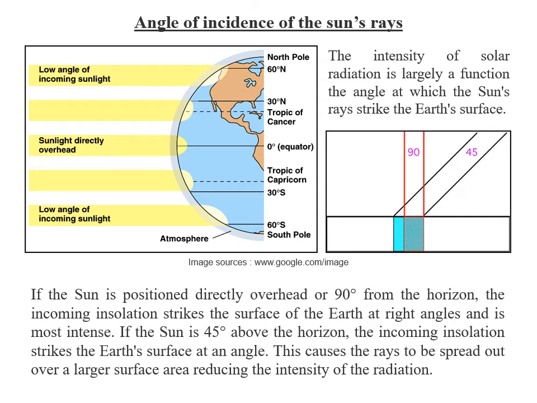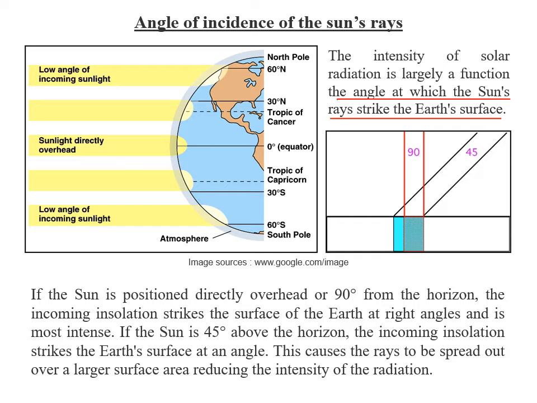The first point by which the insolation can be varied is the angle of incidence of the sun's rays. The intensity of solar radiation depends mostly on the angle at which the sun's rays hit the earth's surface.